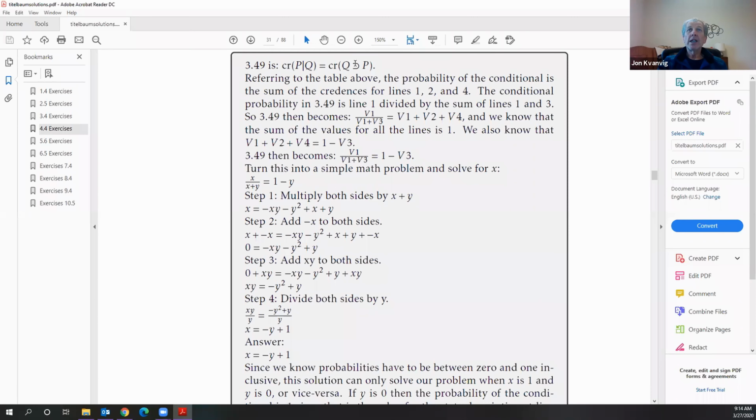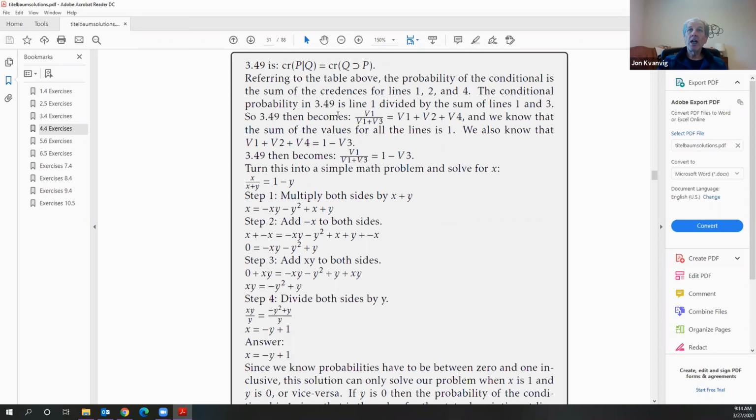but let's make sure we get the setup correct first. So we start out with 3.49, and referring to the table above, the probability of the conditional is the sum of the credences for lines 1, 2, and 4. The conditional probability is line 1 divided by the sum of lines 1 and 3. That's the ratio formula.